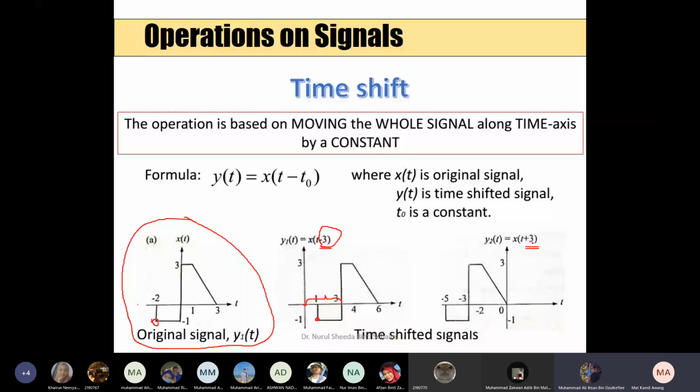So instead of starting at minus 2 seconds, it starts at minus 5 seconds. In this case, this signal is shifted this way to be that, and in this case, the original is shifted this way to be this. So this is the operation of time shift.